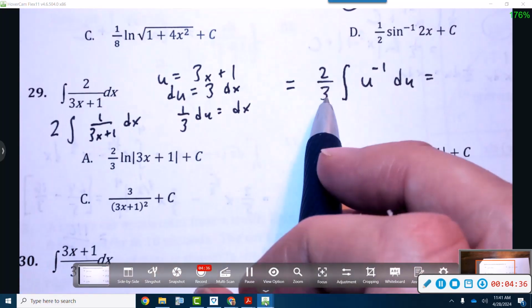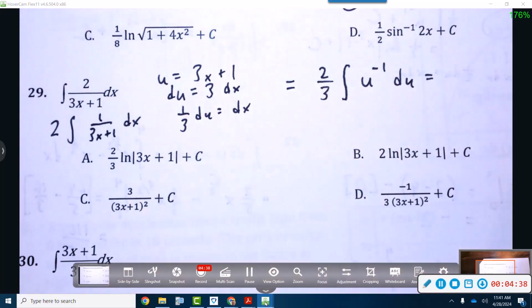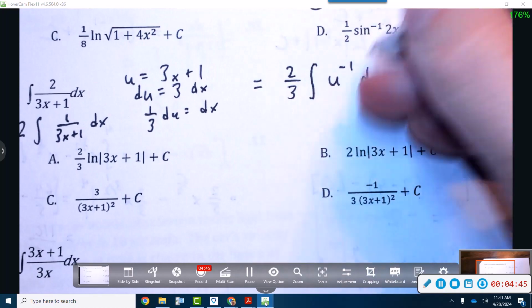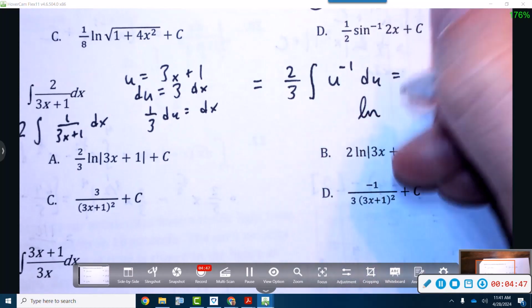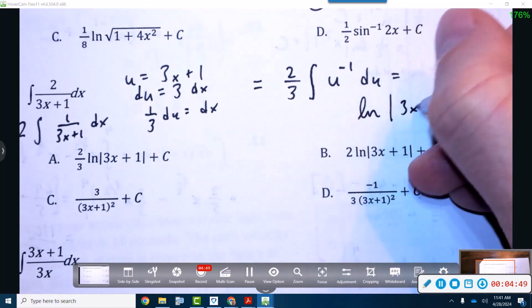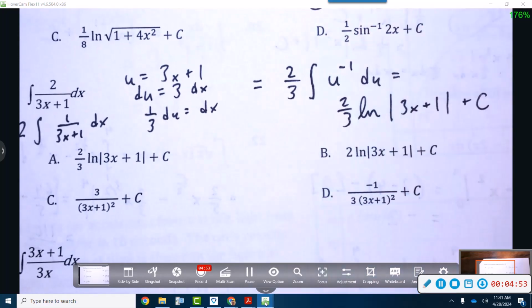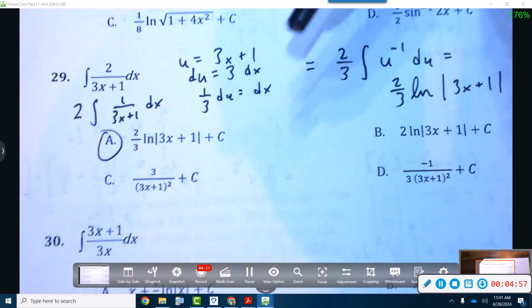So together, those guys were separated out so that we have this nice clean antiderivative. And you can kind of see where this is going now. You can see that the antiderivative of this is ln, and then we've got our u right there. And then don't forget the 2/3 in front, and that looks like A. All right, beautiful.